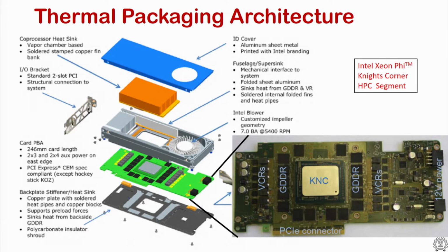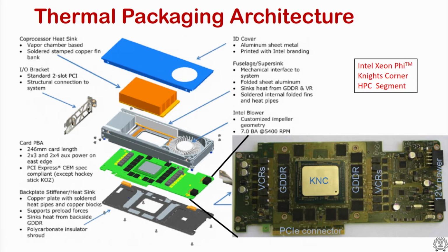There are power connectors, 12 volt power, shown on the right side, and that is where the card receives its power from the server board, for example, or the workstation. The 12 volt power comes into that card, and through what are called VCRs, the voltage regulators, gets converted to the requisite voltages for the memory devices and the microprocessor themselves.